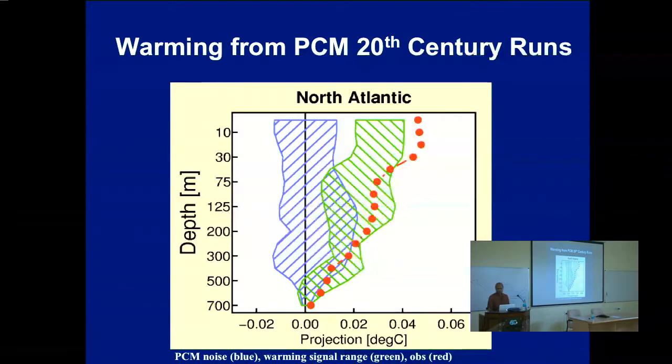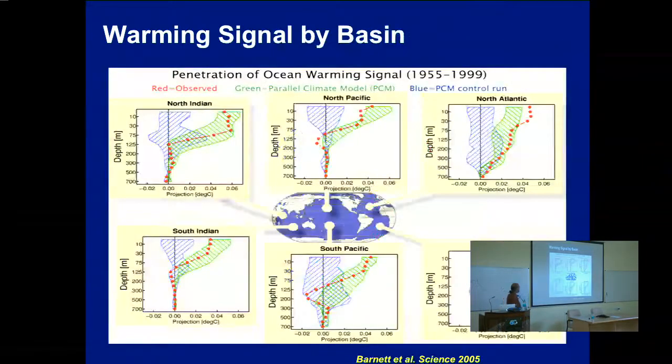Now I can do this in all of the ocean basins, right? So there's the North Atlantic that we just saw, North Pacific, North Indian, Southern Indian Ocean, Pacific. Okay? In each basin there is a clear separation near the upper levels, and also the observations fit better with the anthropogenically forced variations.